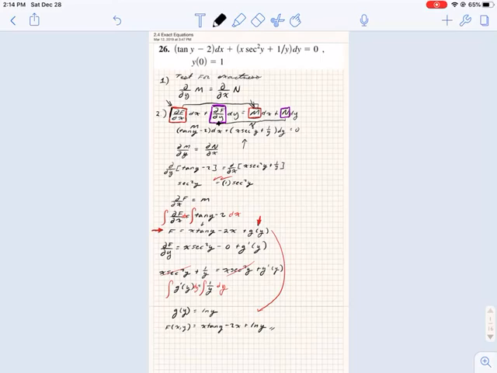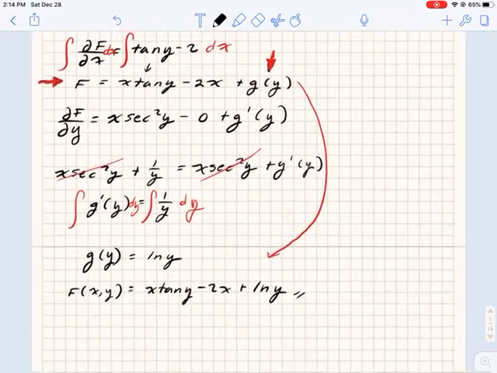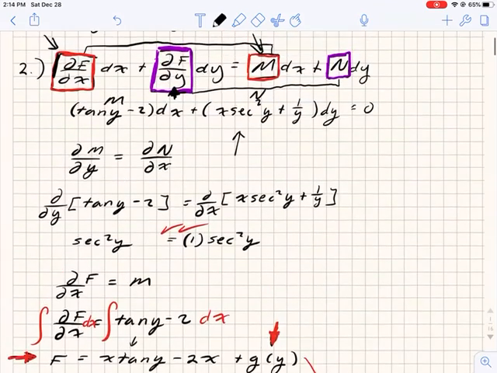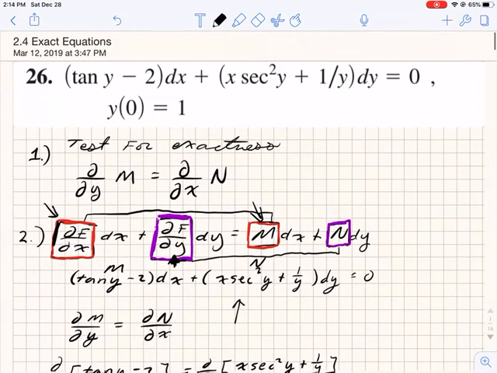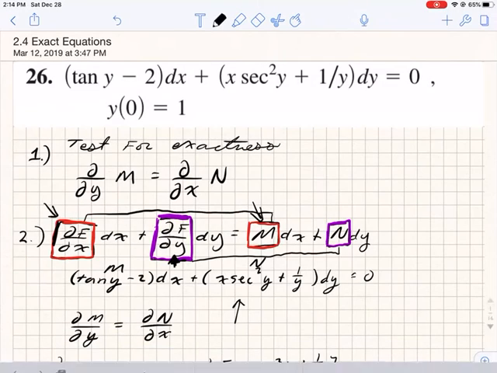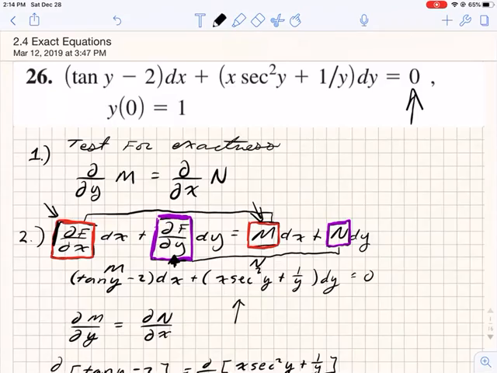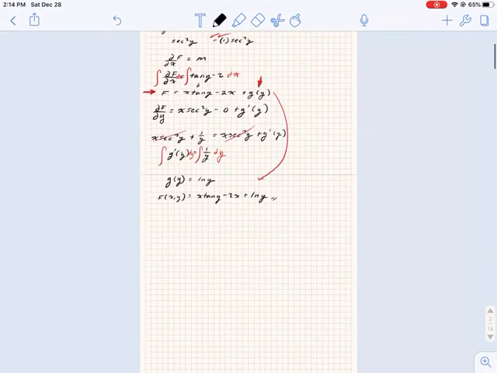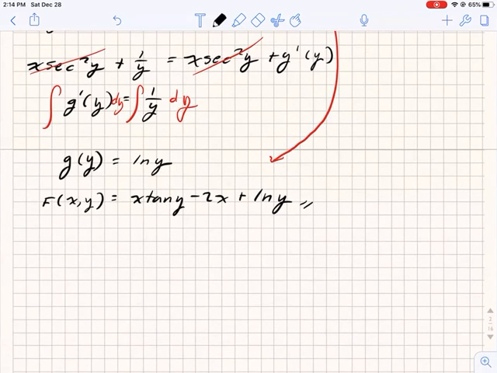Now if we have that initial value, we'll find out what f of x, y is. Because up here, f of x, y is equal to 0, because the 0 is right here. So let's find out what f is actually equal to. We have the point (0, 1).